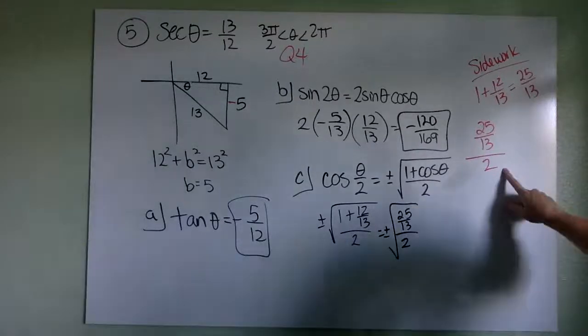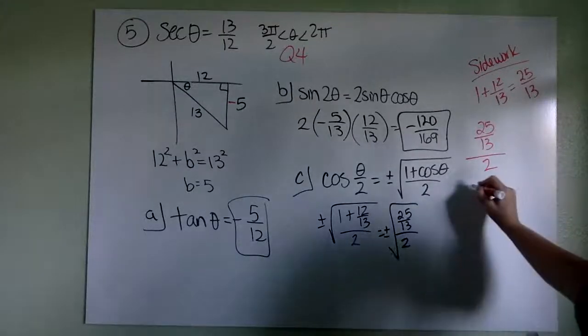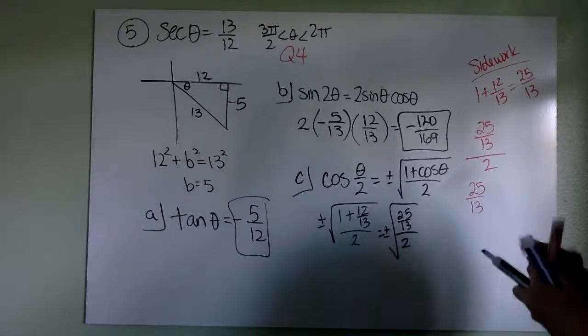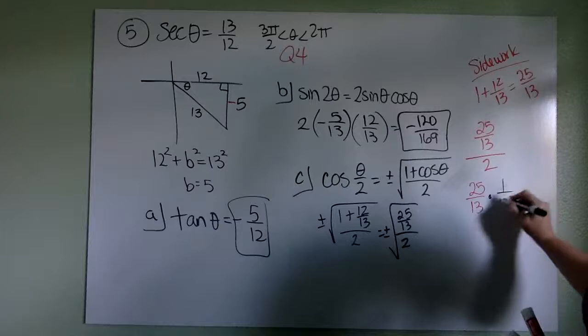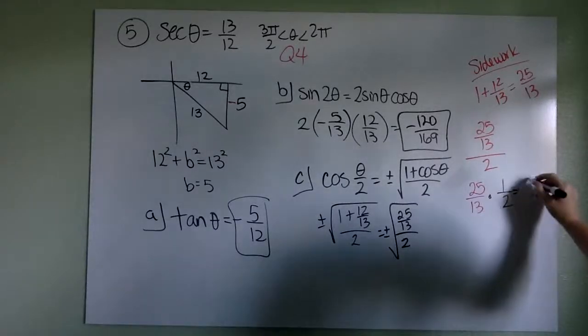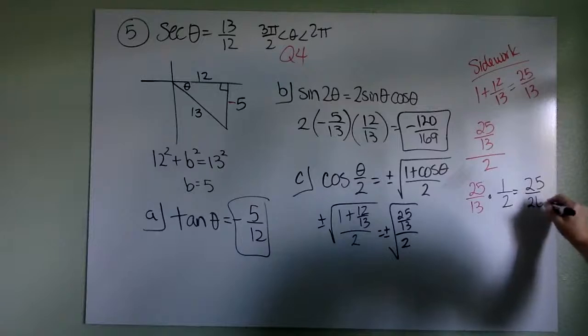And so dividing 25/13 by 2 is the same as 25/13 times the reciprocal. So flip the guy and multiply. This becomes 1/2. So 25/26.